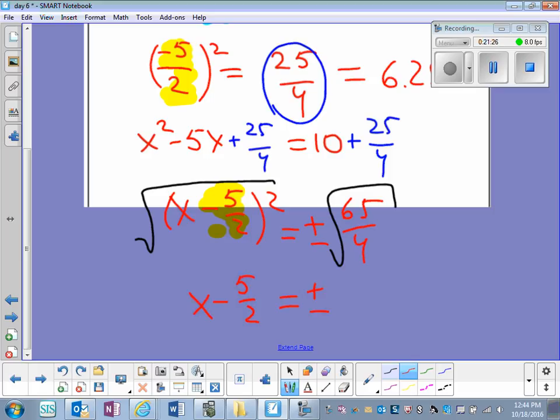Can I simplify this? You can't simplify the 65. Yes. 65 over, oh, this. Sorry. Yes, 65. So I cannot, well, I could try to simplify this, right?